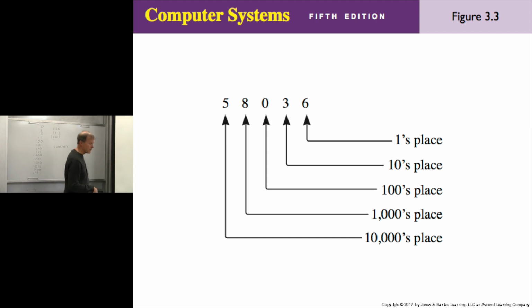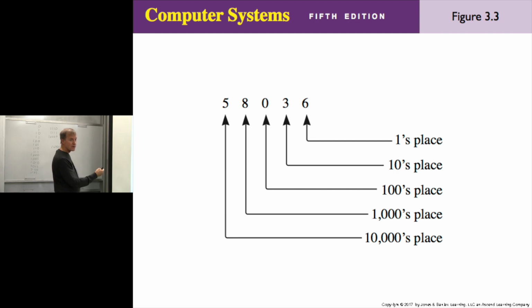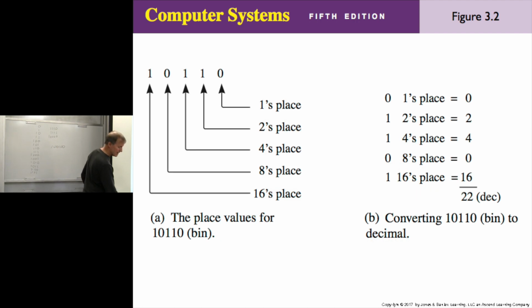See in figure 3.3, the 58036, the 6 is in the ones place, the 3 is in the tens place. So in decimal, each place is what compared to the previous one? 10 times more. But in binary, each place is what? 2 times more than the previous place. Is everybody clear on that? It's all just analogous. That analogy is a good thing.